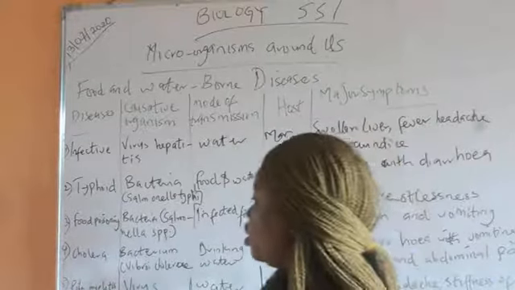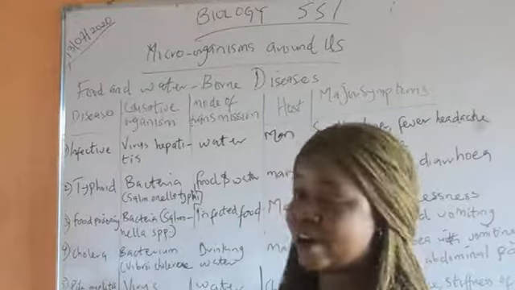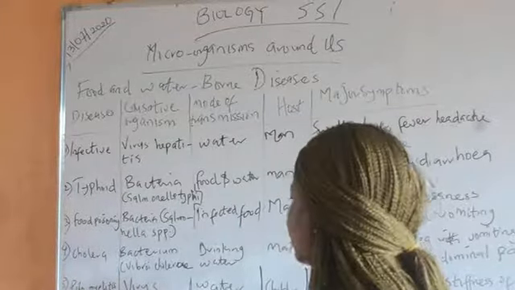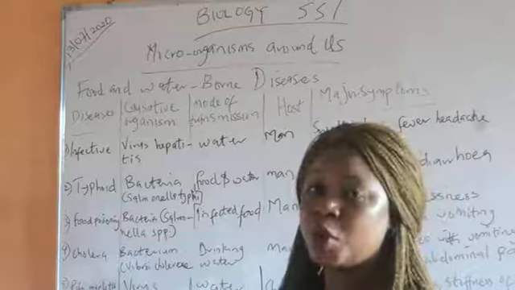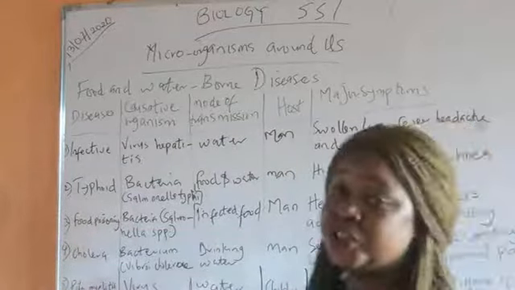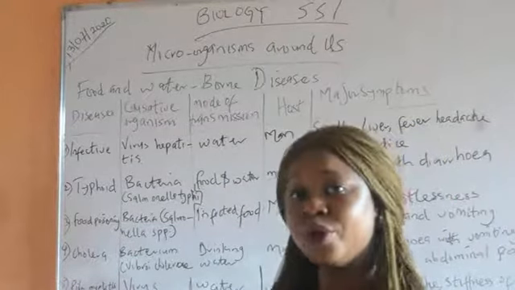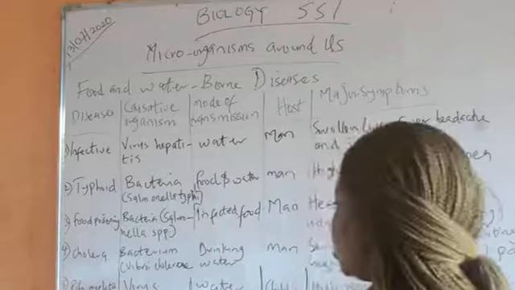The next one is poliomyelitis. Poliomyelitis is caused by a virus, and it's transmitted through water. You get polio from water, and it occurs mostly in children. You know, recently Nigeria has been declared free from polio. Thank God for that.